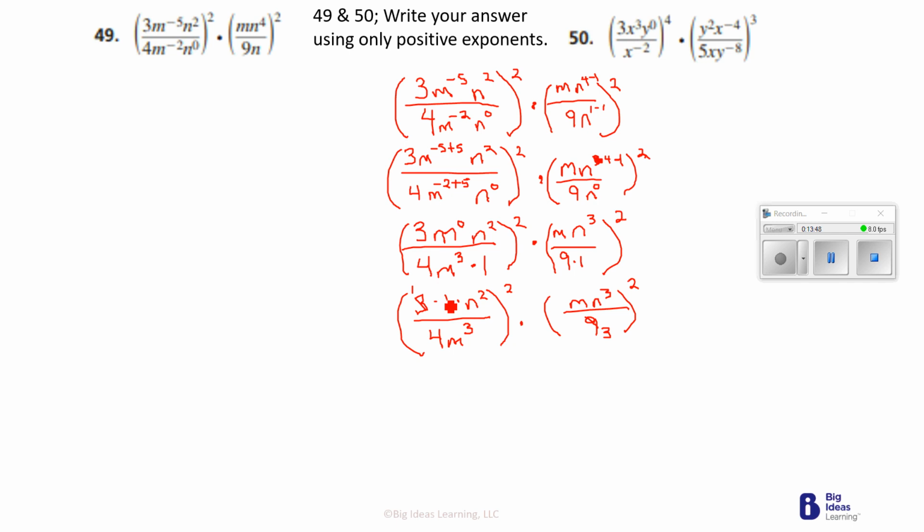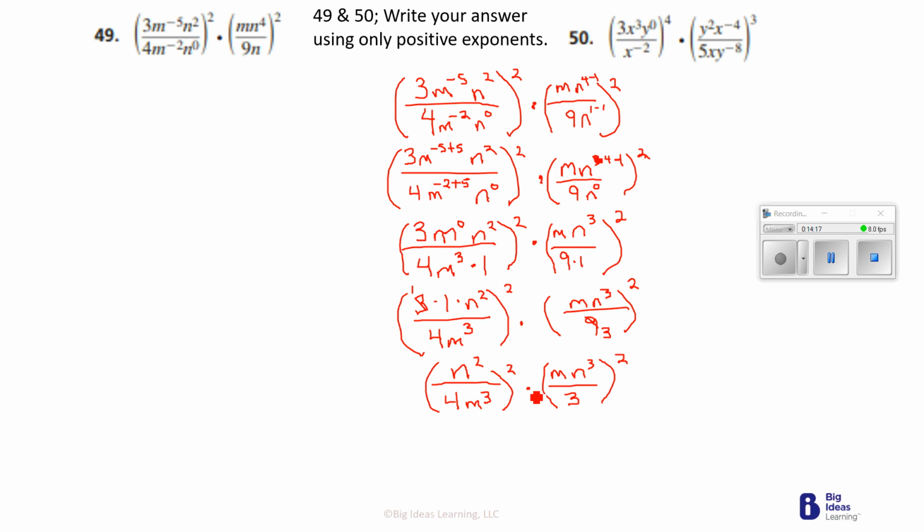Now I can rewrite this. 1 times 1 is 1, so this is going to be n to the second power over 4 to the m to the third power to the second power times m times n to the third power over 3 to the second power. We still multiply these together now.